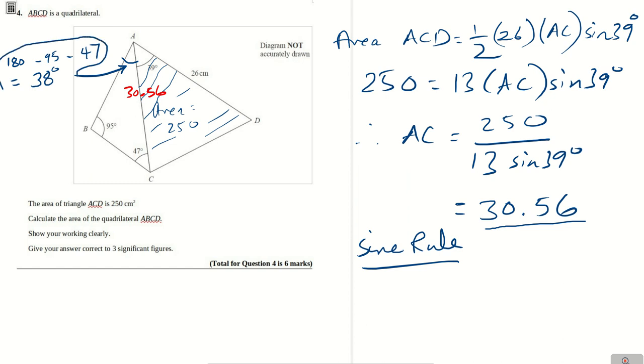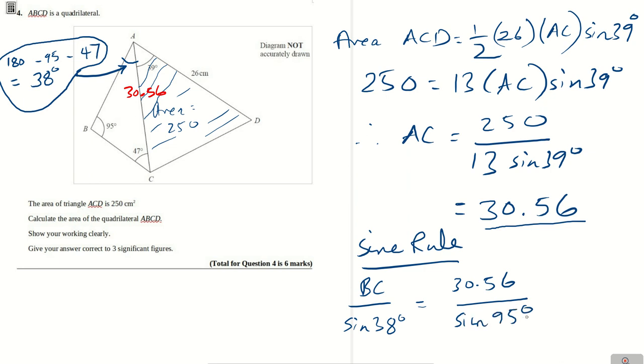So that angle there is 38 degrees, and what we can do then is we can say BC divided by sine of 38 must equal 30.56, which is the length we've just worked out, AC, divided by the sine of the angle opposite that, which is that 95 degrees.